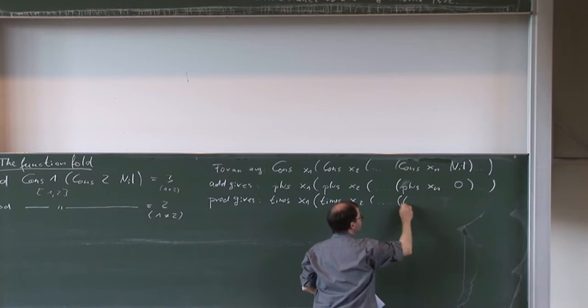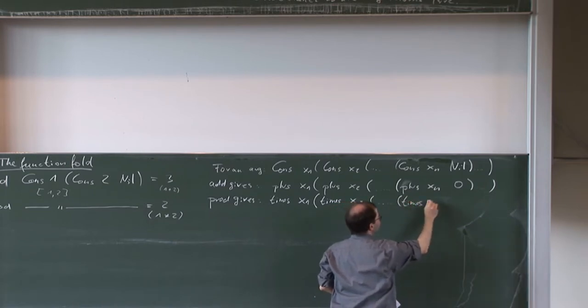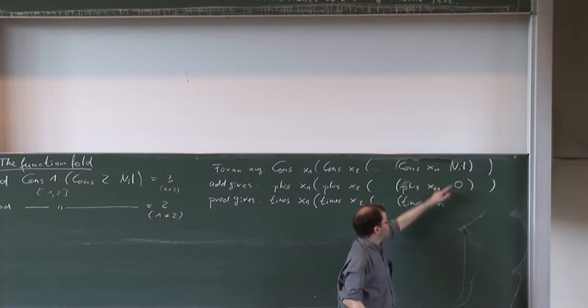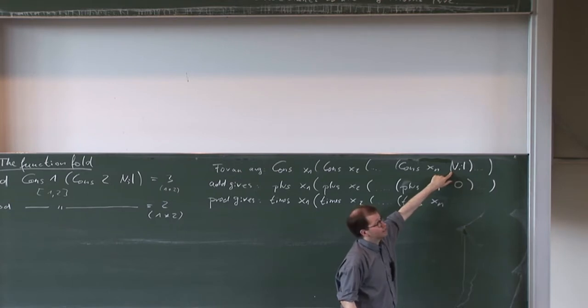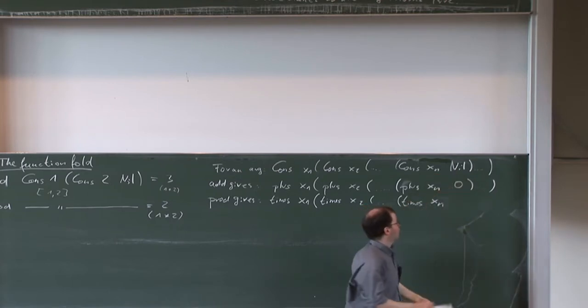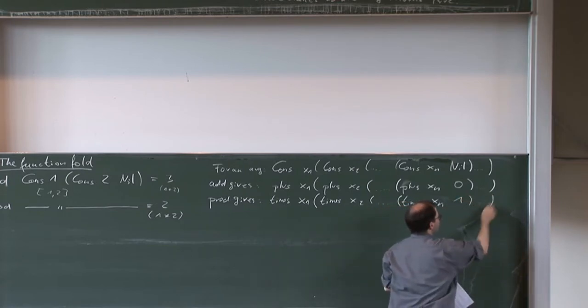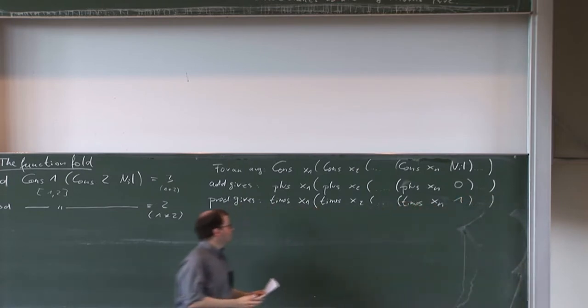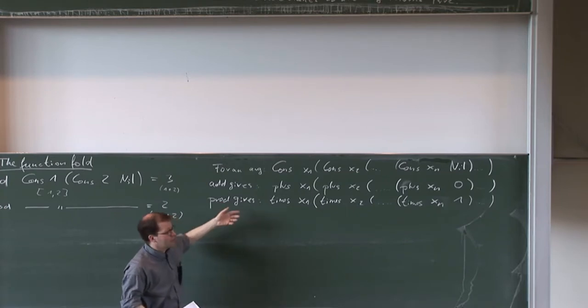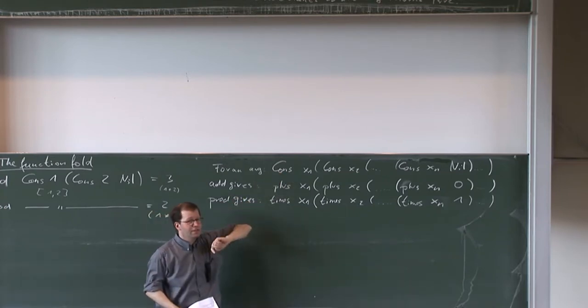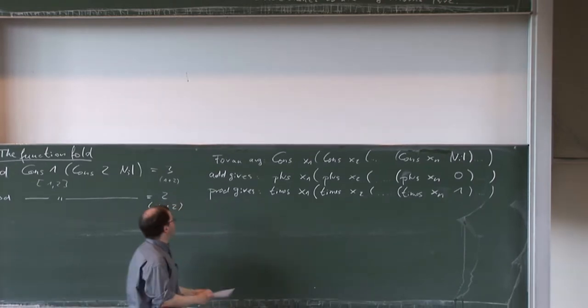And then finally, this last cons would also be replaced by times, and then times would be called on the empty list nil. If times is called with the result nil, the result will be 1. So again, you can see what prod does is it replaces the data constructors cons and nil by new functions times and by 1.